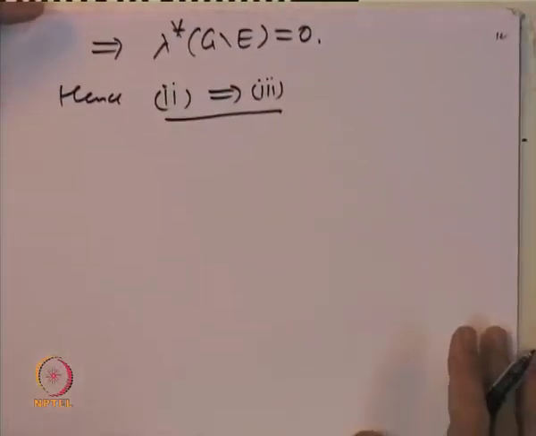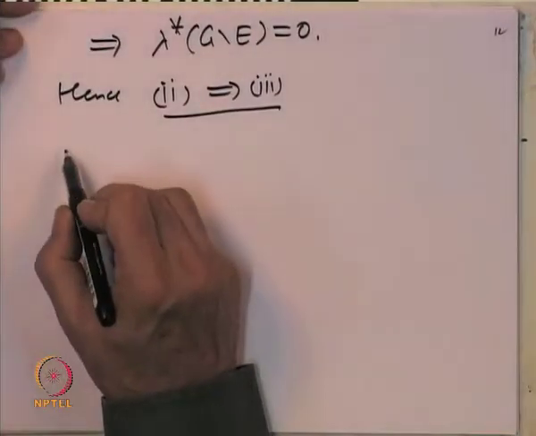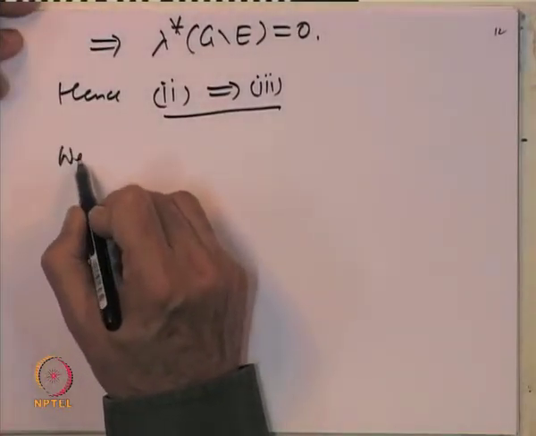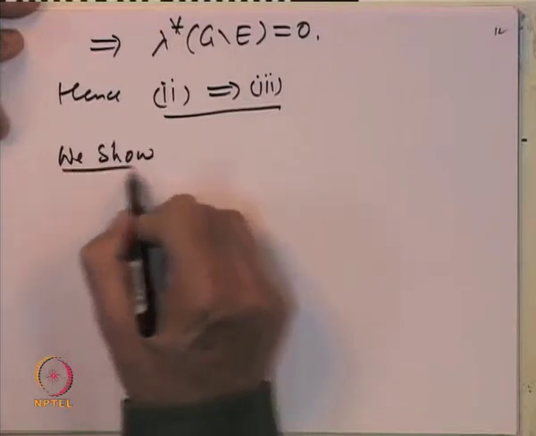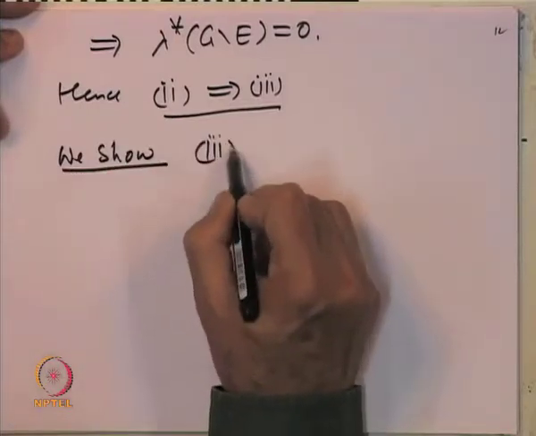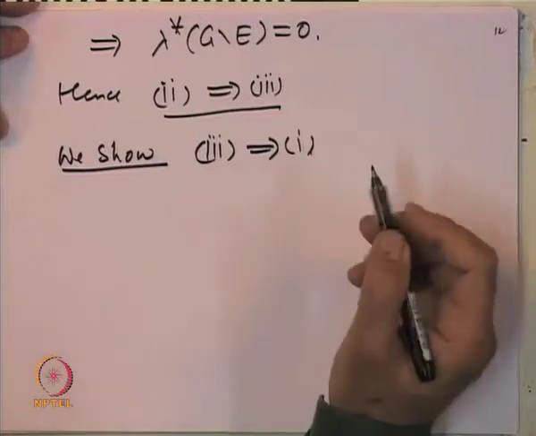And now, let us conclude the proof by showing that 3 implies 1.